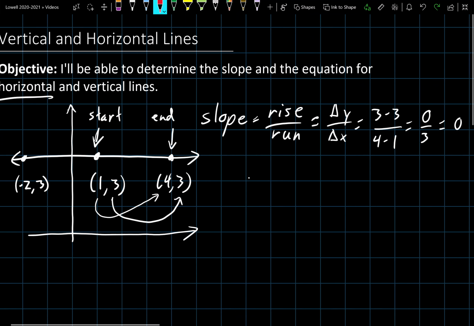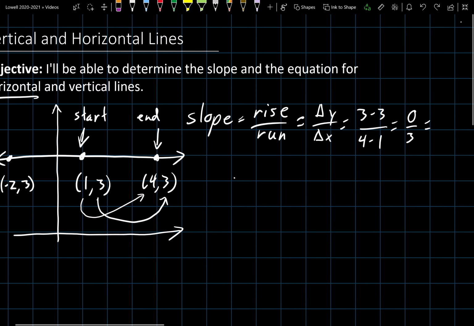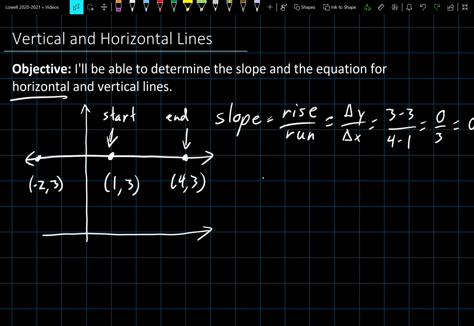Just for the heck of it, what if I instead tried using these other points? Apologize for that. Let me change this real quick. What if I wanted to do this one as my starting point here?